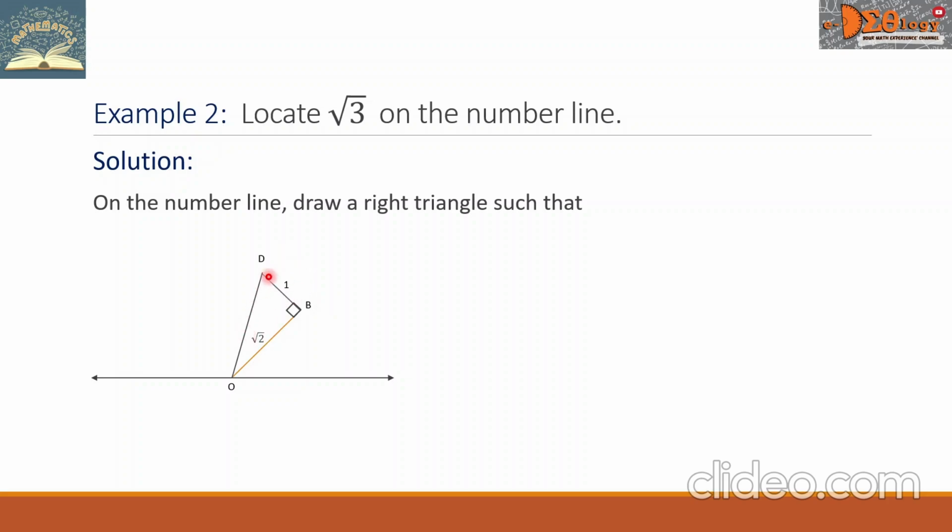Then we will compute for the side OD. By the Pythagorean theorem, we have the square root of 2 squared, plus 1 squared is equal to the square of the length of the side OD. When we simplify this, the side OD is equal to the square root of 3.